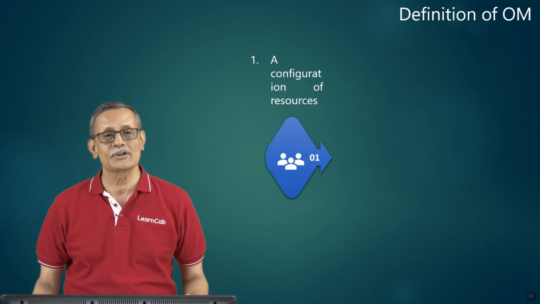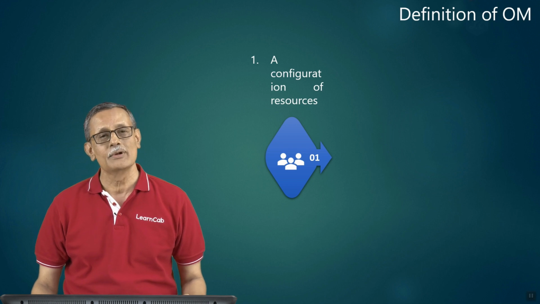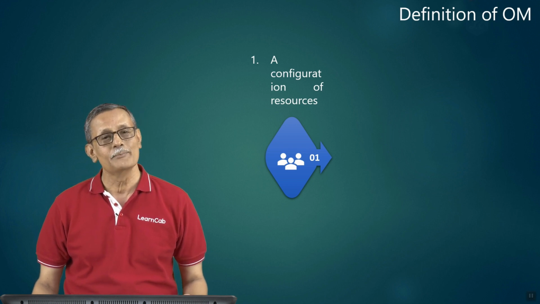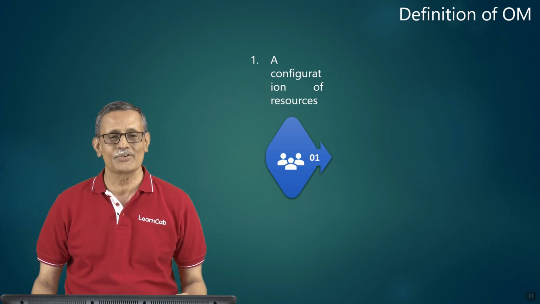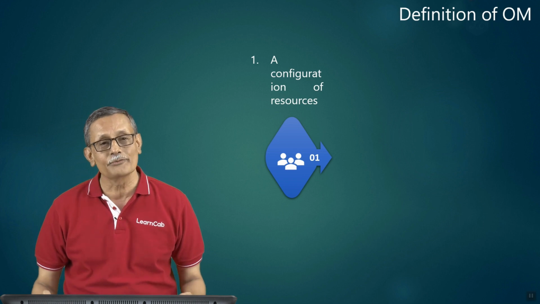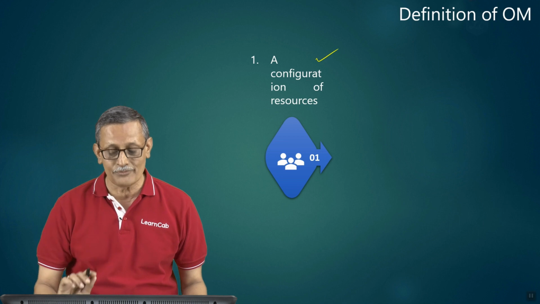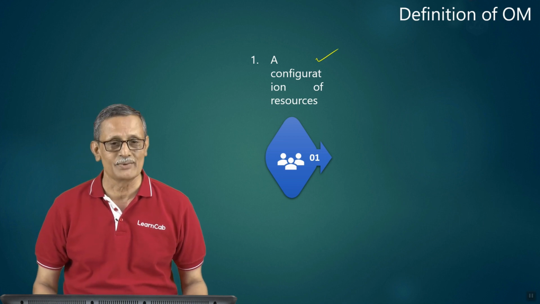Now what is a configuration of resources? In any enterprise, there is a configuration of resources. Resources can involve man, material, machine and labor. All these are part of the configuration of resources. Combined, you can achieve the objective of the enterprise that it is designed for. This is the first part of the definition of operations management.